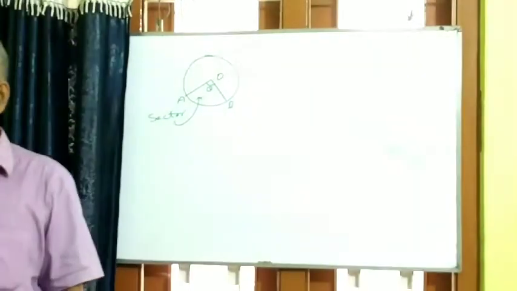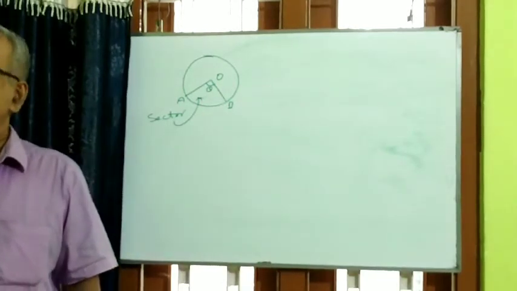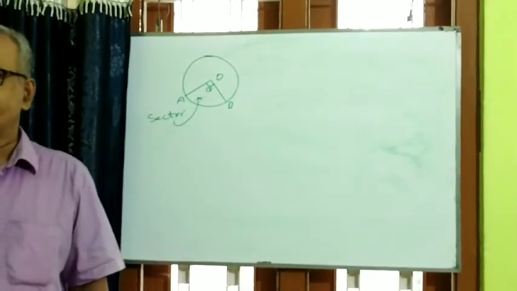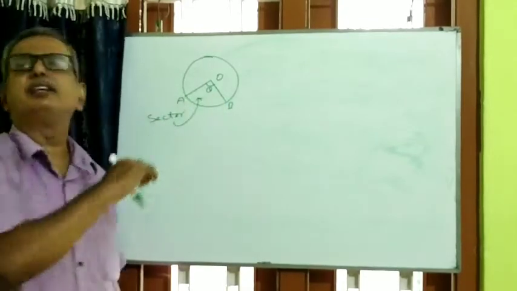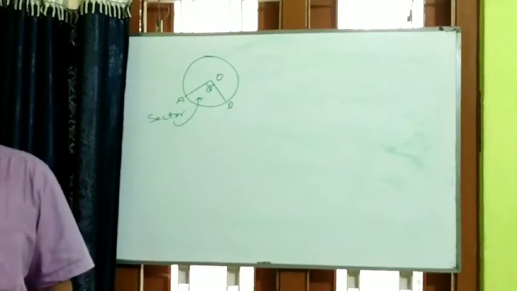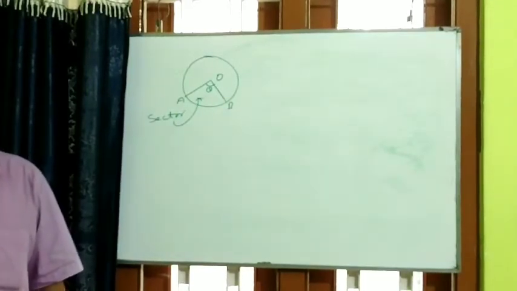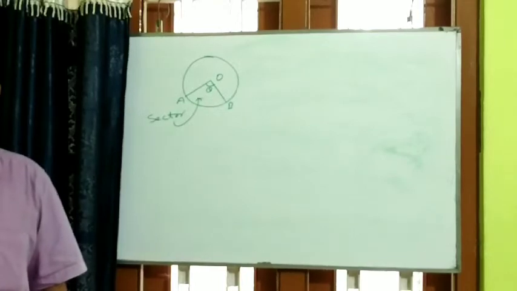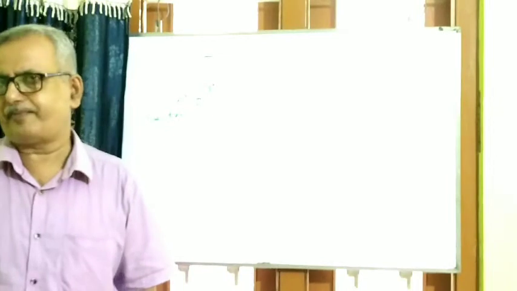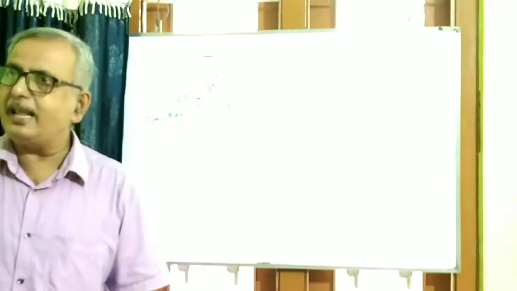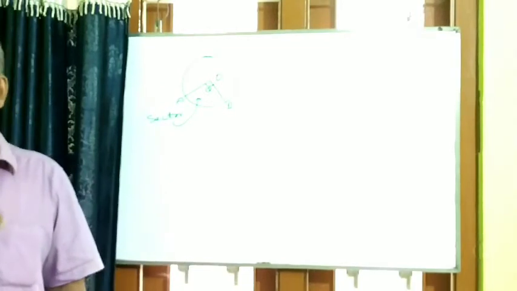If somebody is asking you what is a sector, then what will be your definition? The region surrounded by two radii and one arc is called a sector. Sometimes in a multiple choice question or a fill in the blank, it is asked what is the name of the region surrounded by two radii and one arc?